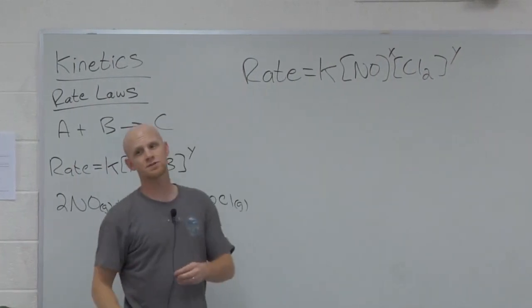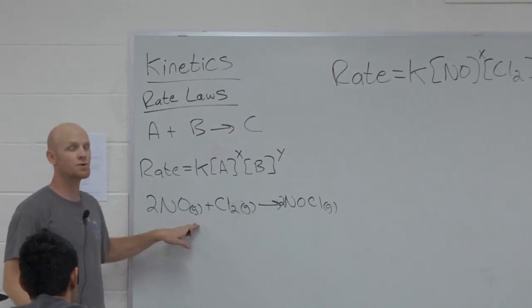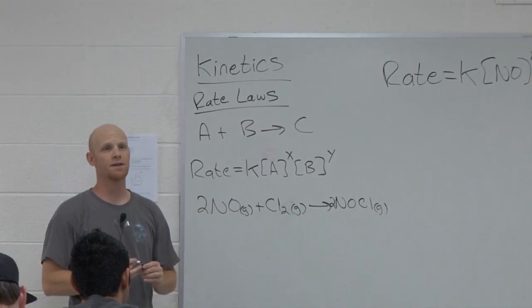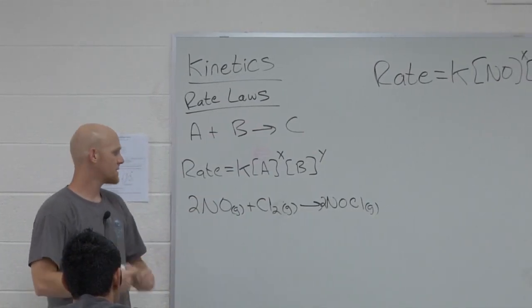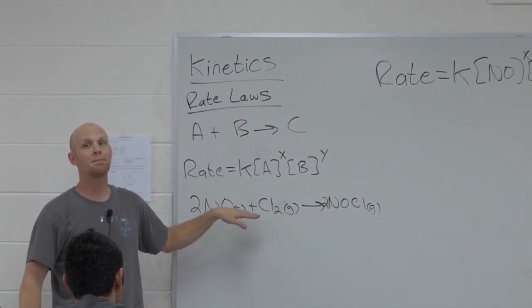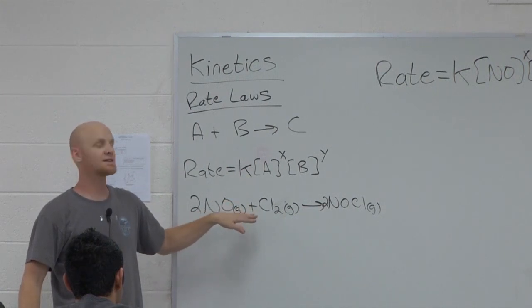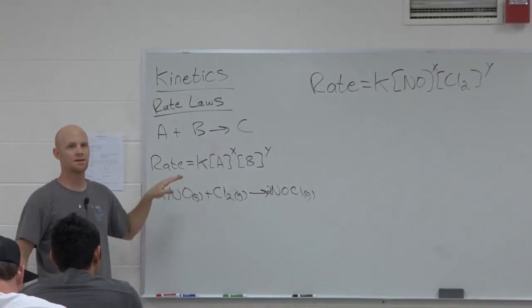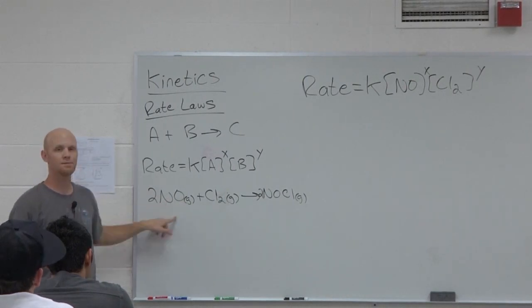And we don't know what those orders are. If I'd known this was an elementary reaction, I'd probably know what those orders are, right? So my first question for you is, we don't know if this is elementary, but should I expect that it could be elementary? Do I expect it to be an elementary reaction?